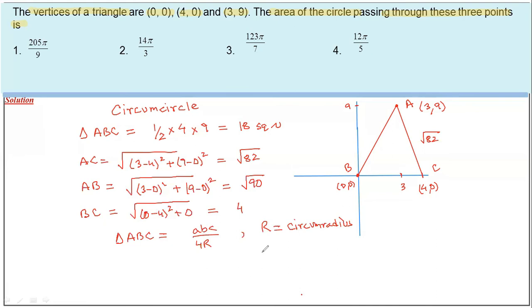So what we get is 18 equal to 4 into root 90, which is 3 root 10, into root 82, divided by 4R.